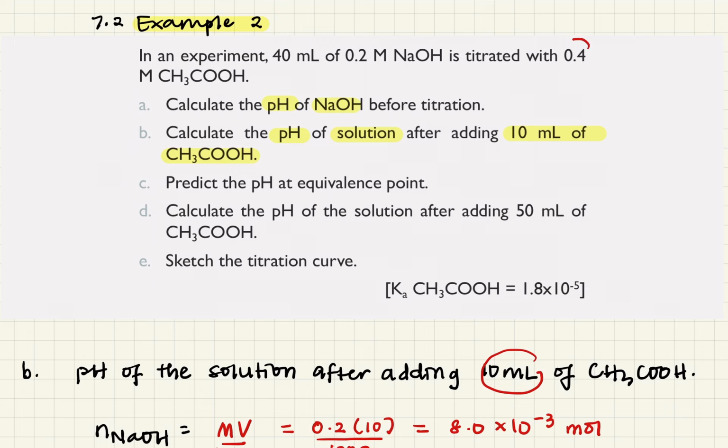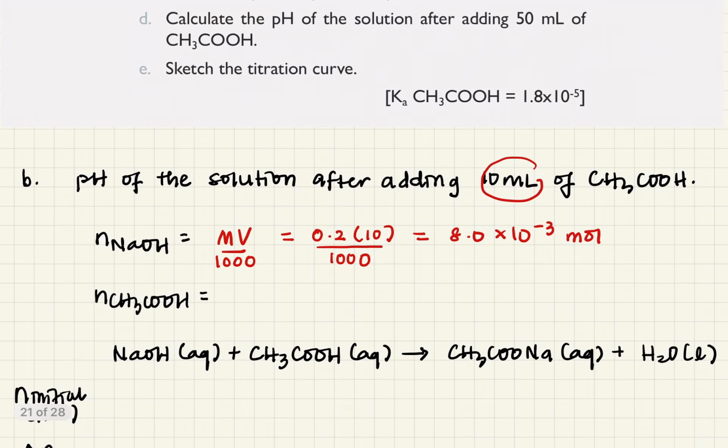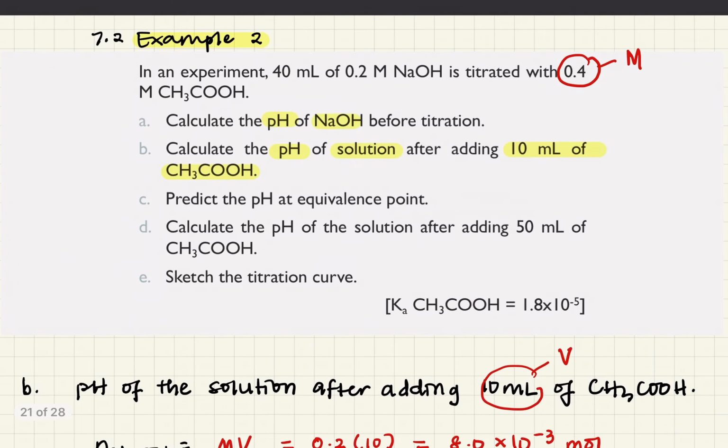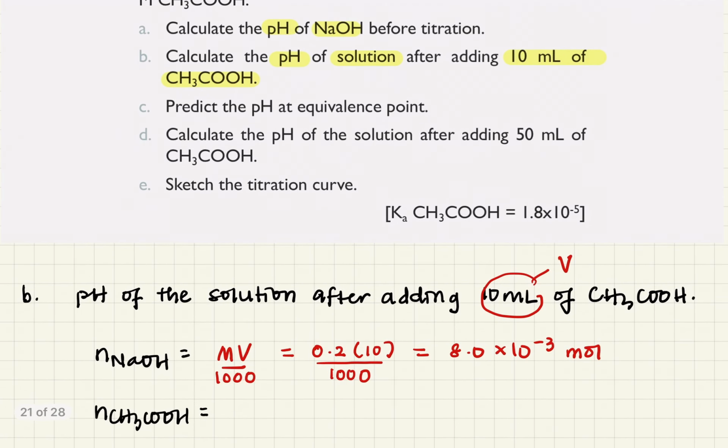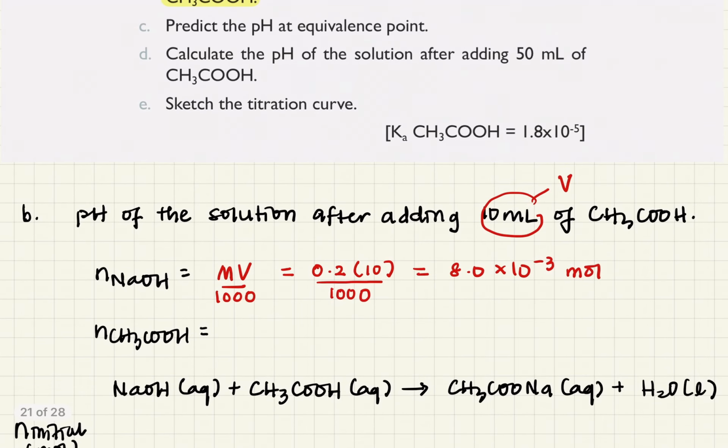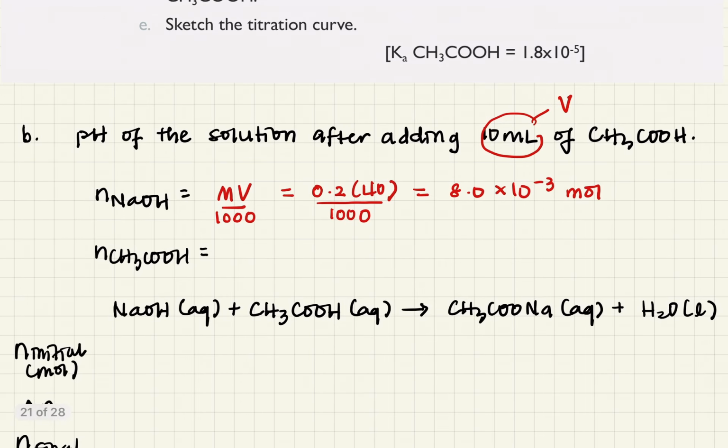So your acetic acid molarity will be 0.4, and the volume will be 10 milliliters. Oh my, what's wrong with me, I'm so slow. The sodium hydroxide volume is 40, but the answer was correct because I'm looking at the reference. So you will have 0.4 molar times 10 milliliters over 1000.